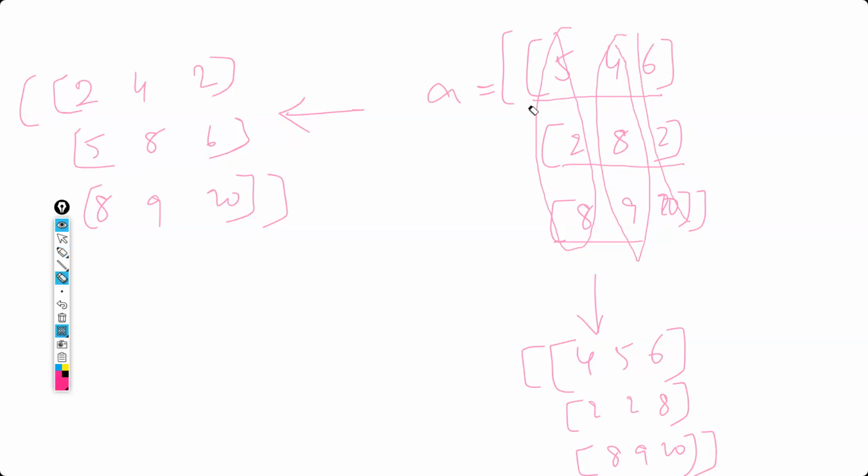Column wise, take the first column separately and sort it. Take the second column and sort it. Take the third column and sort it. This is called as row wise sorting. This is column wise sorting.